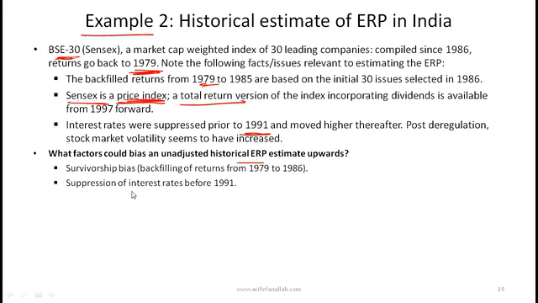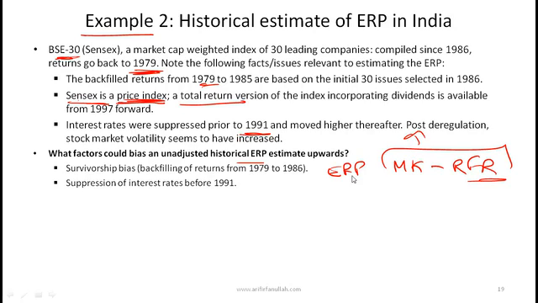The second point is the suppression of interest rates. If interest rates were artificially low before 1991, what does that do to the ERP? That also increases the ERP because ERP is simply the market minus the risk-free rate. If the risk-free rate is artificially lower, then this number is higher.